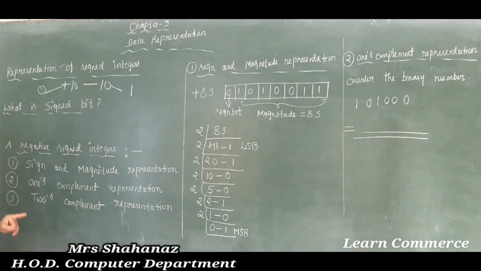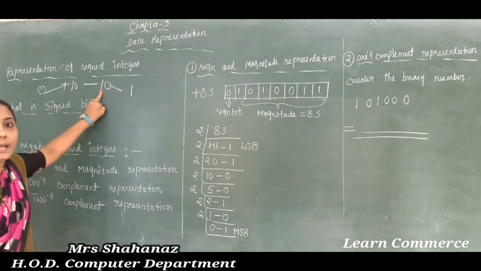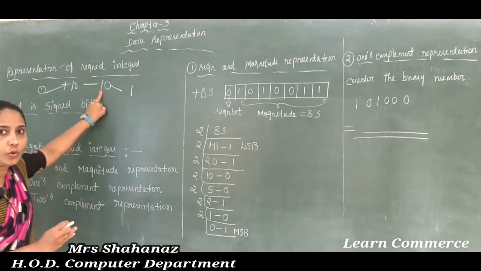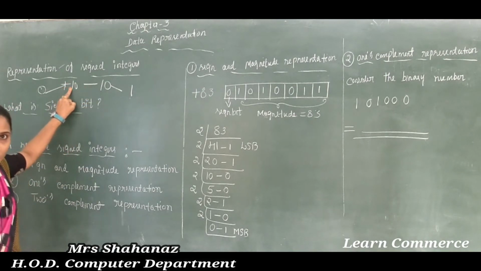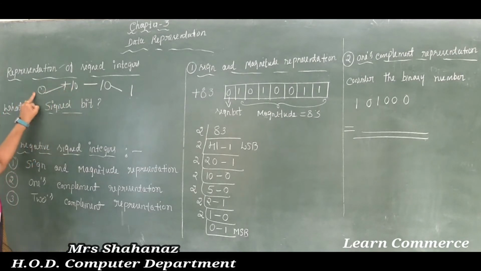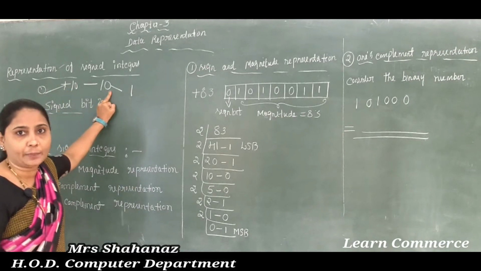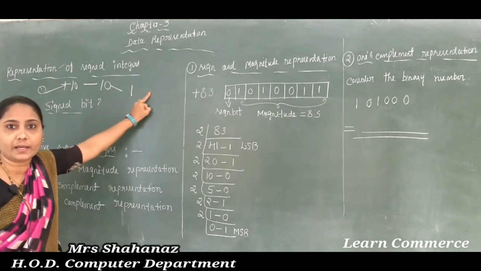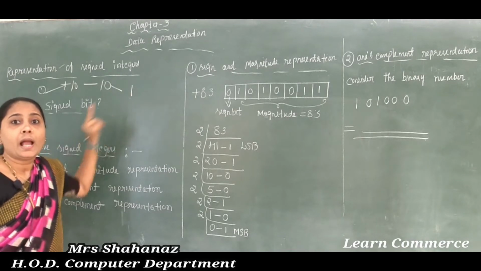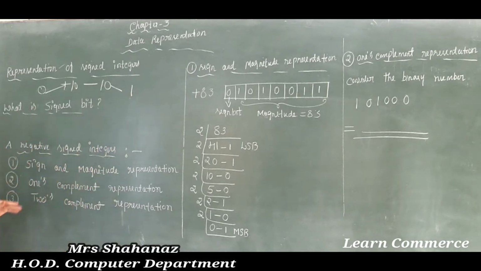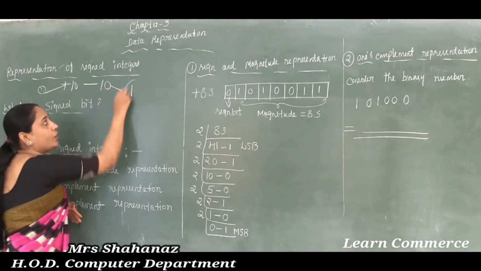Again I want to repeat: the digital computer handles both positive and negative numbers, and if it is a positive number, it has a sign bit 0, while the negative number contains the sign bit equal to 1. So the sign bit for a positive number is 0 and for a negative number is 1.